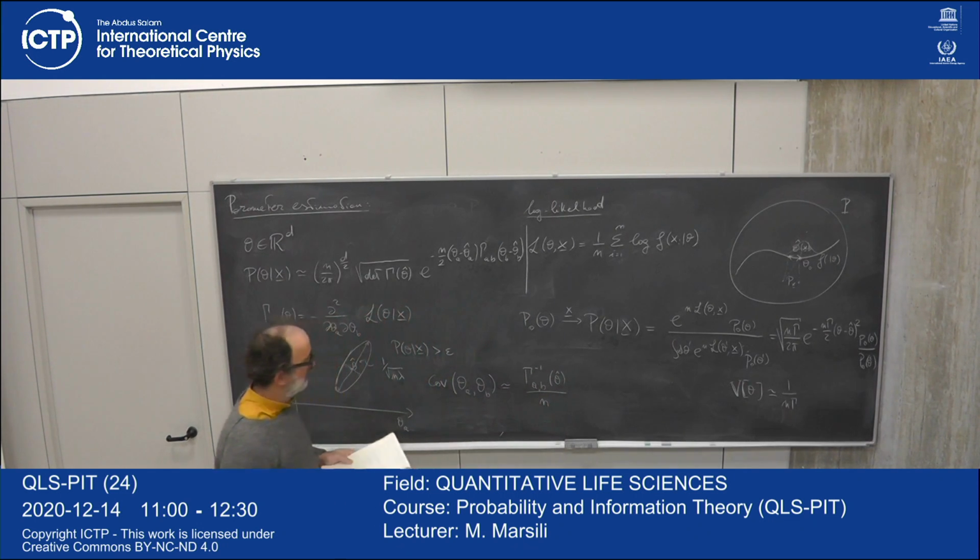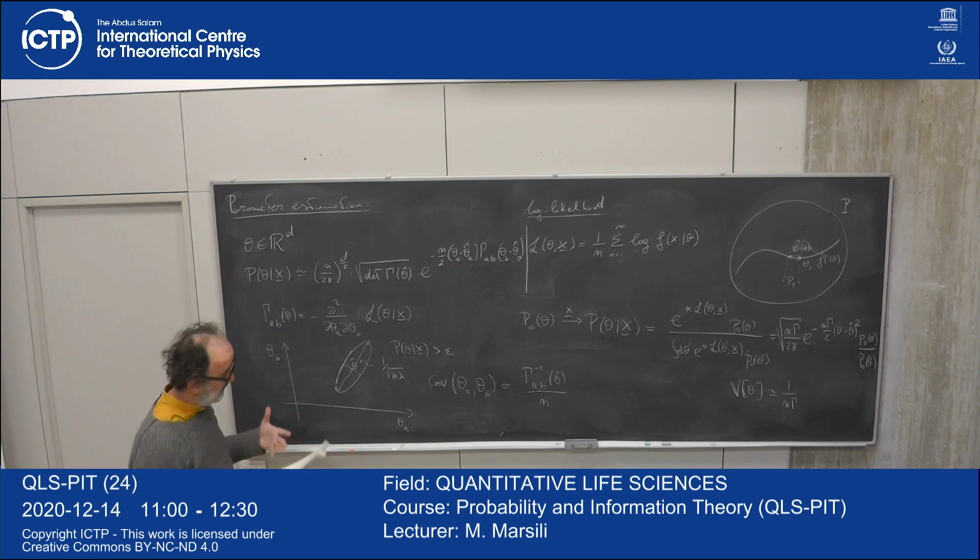Okay, so you see that when the inverse of this matrix becomes very large, then the covariance of the parameters is very large.